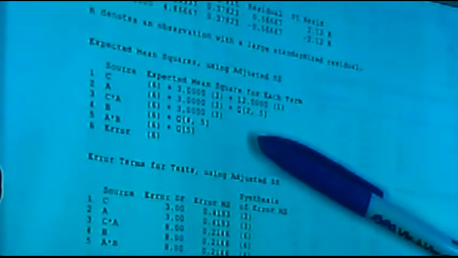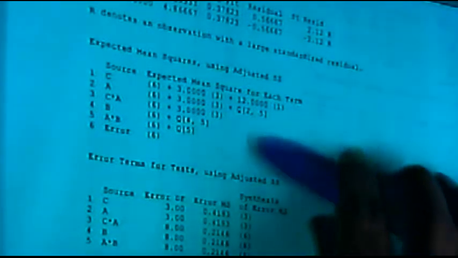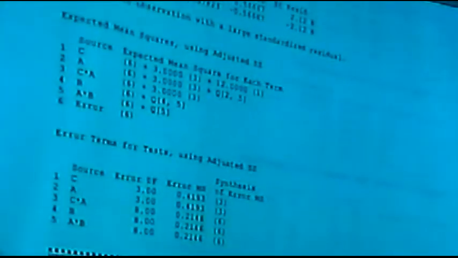So let's go back and see what we're finding. Well, just barely, we're accepting H naught: no AB interaction.